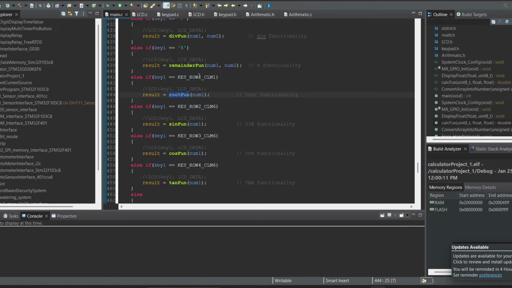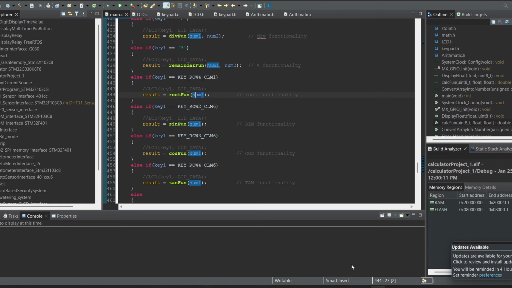So for that we are implementing that whenever we press the key from row 4 column 1, which is the root functionality, we will return the root of that value. We are only entering one number, and when we press the root key, the root of that number will be displayed as the result.